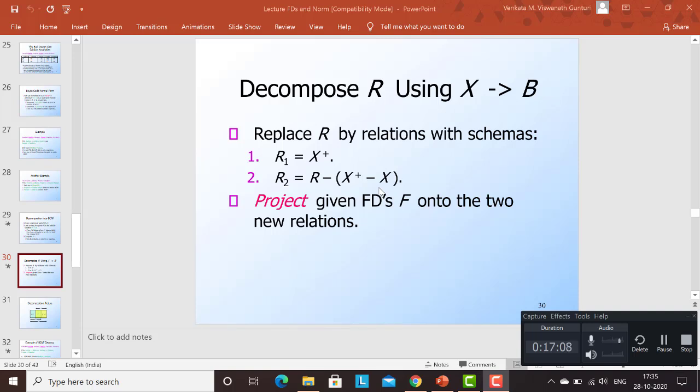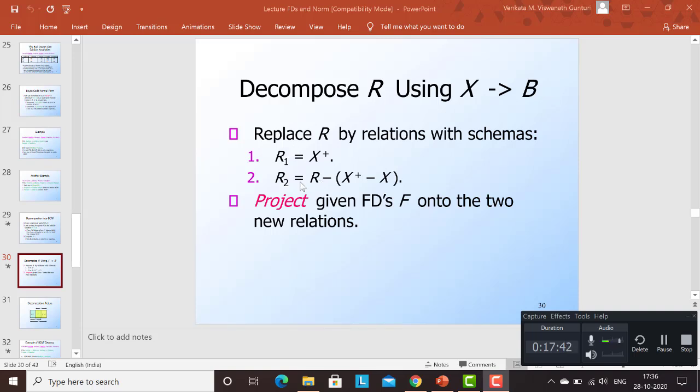The important thing to note over here is that this X, which was used as a seed to break this relation R, stays in both R1 and R2. In R1 you take X and all of its closure, and in R2 you take out the closure attributes, but you leave the X here.